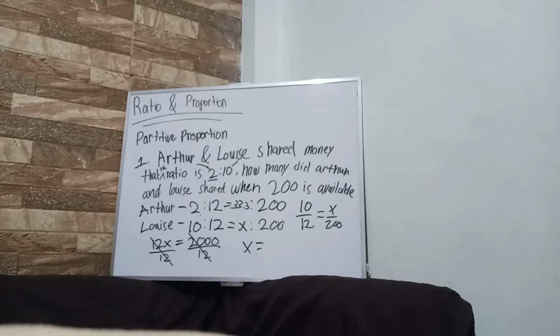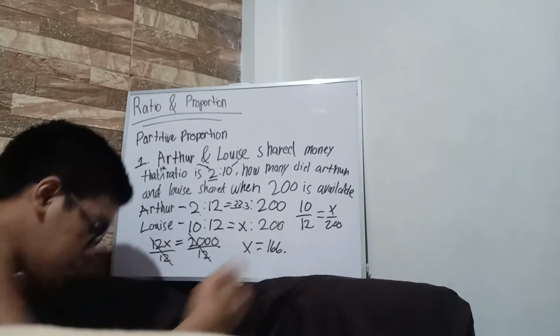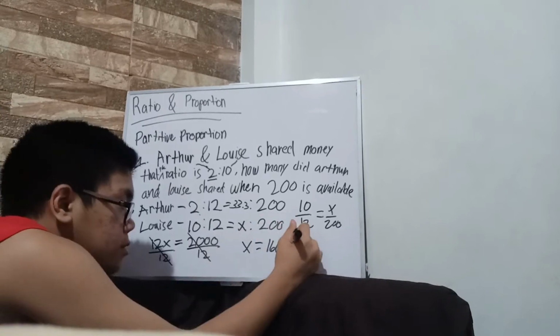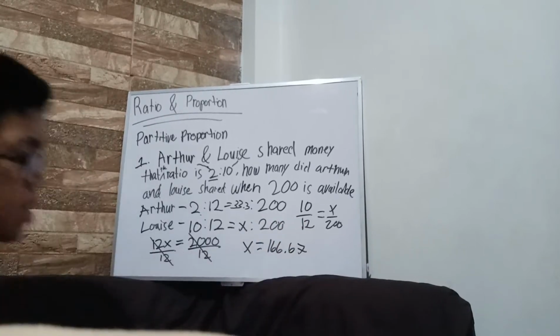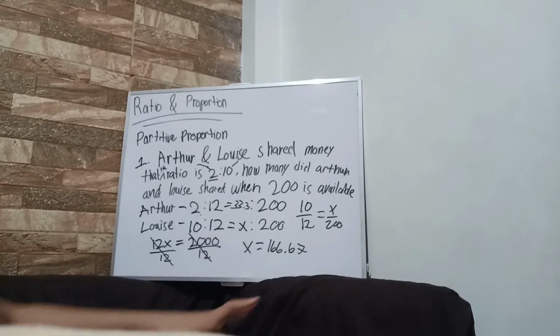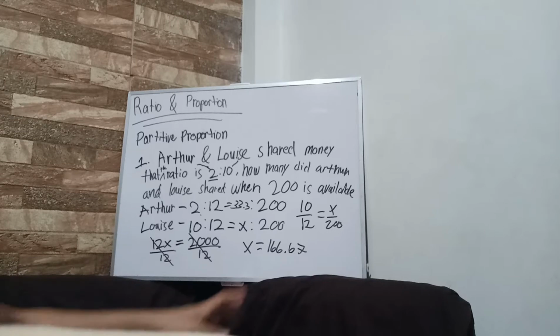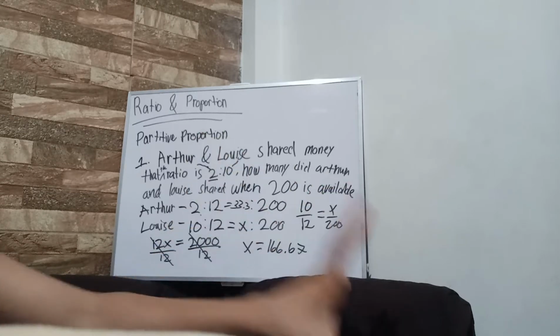The number is way too big, so we will use a calculator. 2,000 divided by 12 is 166.67. Why? Because it's also a repeating decimal, 166.6666.